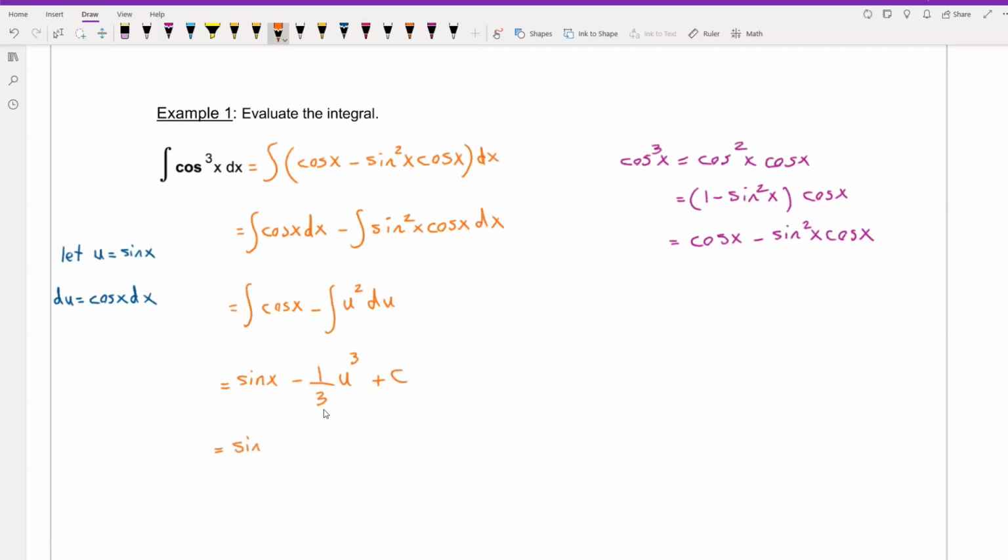Then this is equal to sine x minus 1 over 3. Instead of u, we use sine x. The power is 3, so it's sine cubed, then plus c. So this is our final answer.